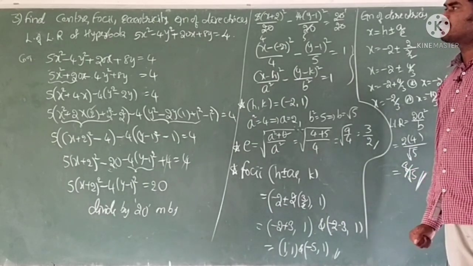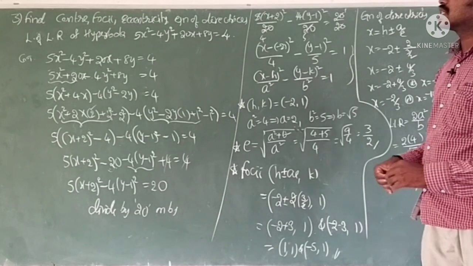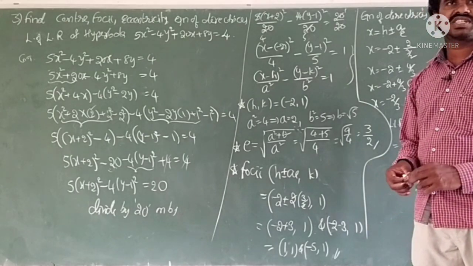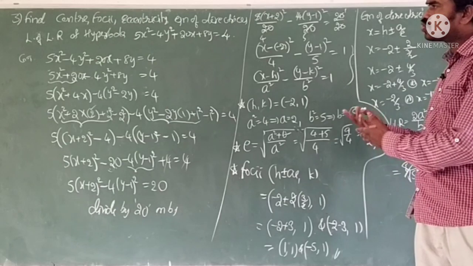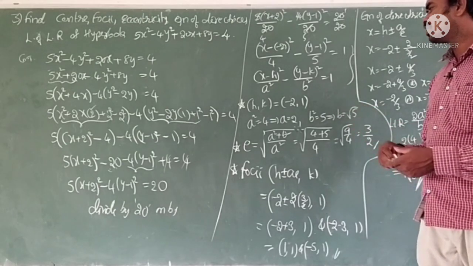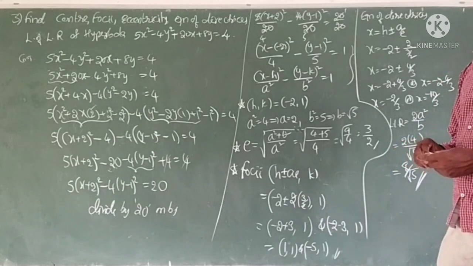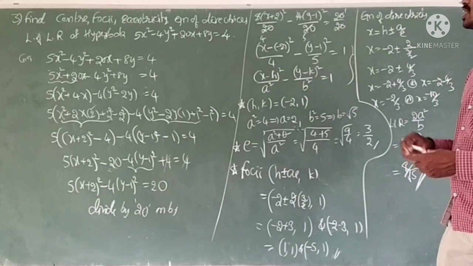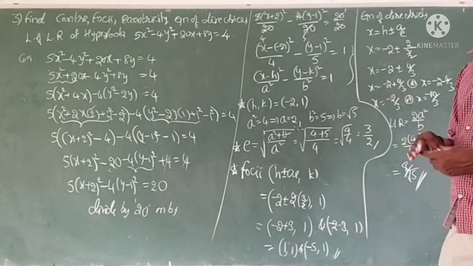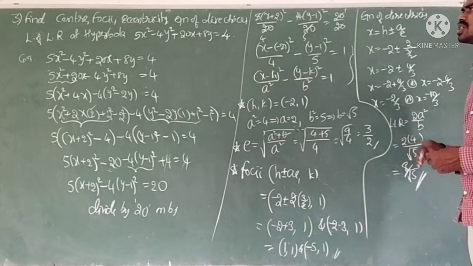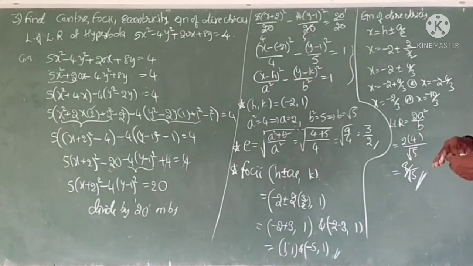Similarly, if they ask what is the length of transverse axis, that is 2a, that is 2 into 2, which is 4. Similarly, they can ask the length of conjugate axis, that is 2b, 2 into root 5. Here it was not asked, that's why I did not write it in this problem.